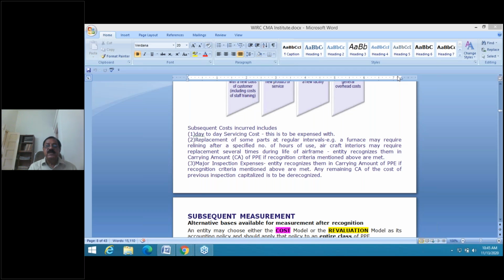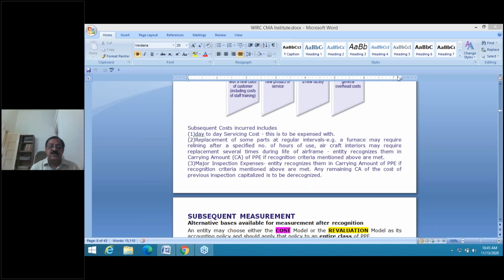Suppose initially you make a heavy expenditure on a major inspection, suppose 1 crore rupees. You estimated that next time you will have to make this expenditure after 5 years. So equally 20 lakhs you are debiting to P&L, amortizing out of this. But after 3 years, suppose for any reason you require another major inspection and you incur another 1 crore rupees. So in that case, what will happen, friends?